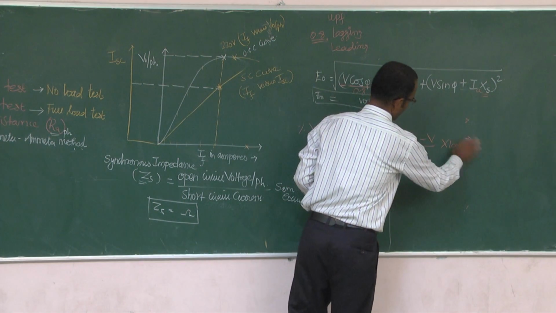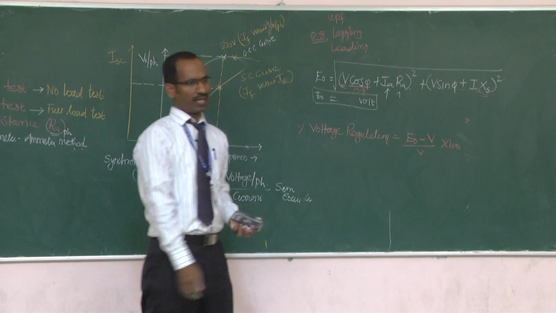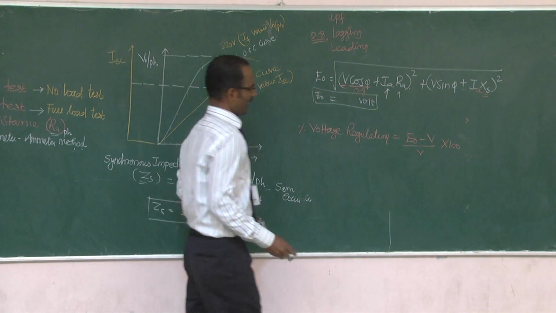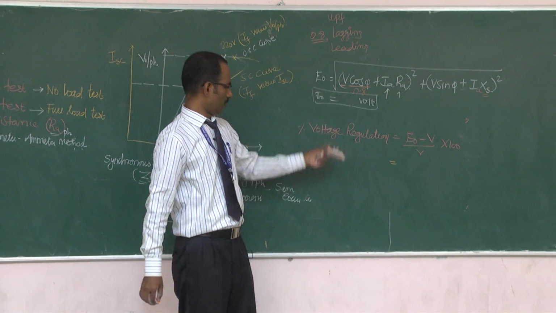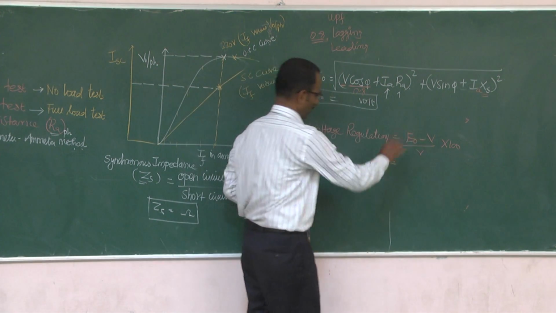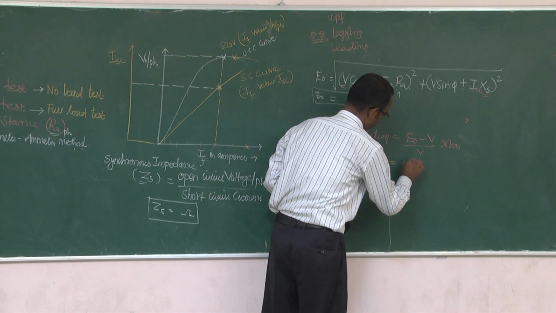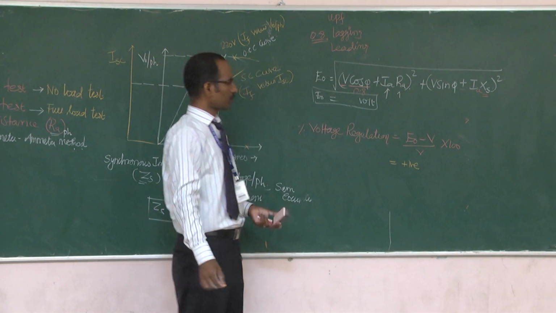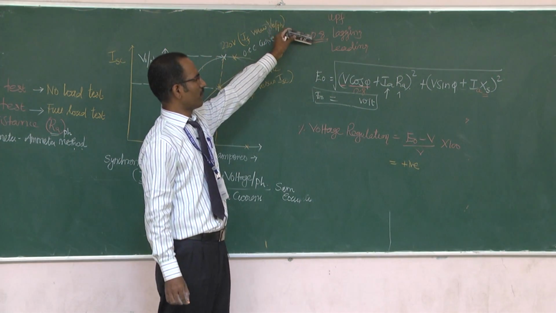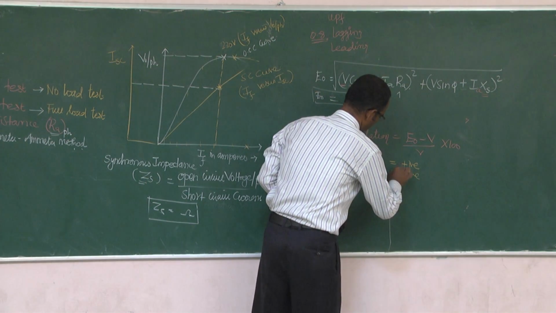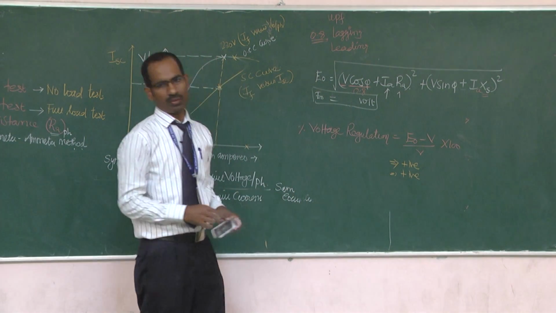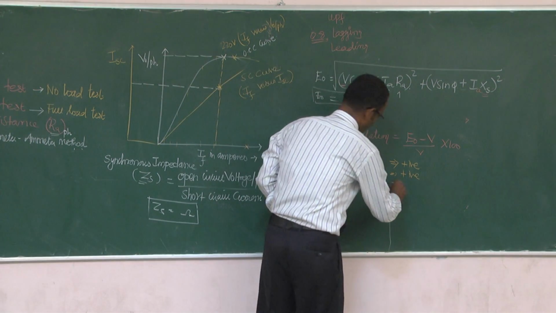If we use this formula to find the voltage regulation and our load is a resistive load, the voltage regulation answer will be positive. If we find the answer for an inductive load, it is also positive. If the load is a capacitive load, we will get the answer in negative.